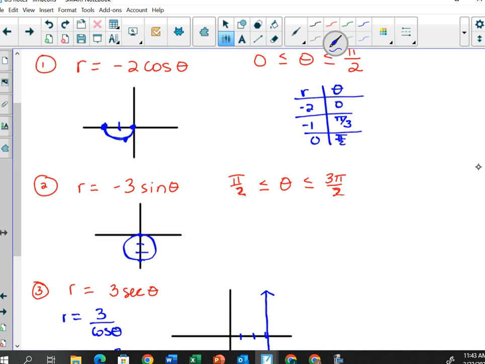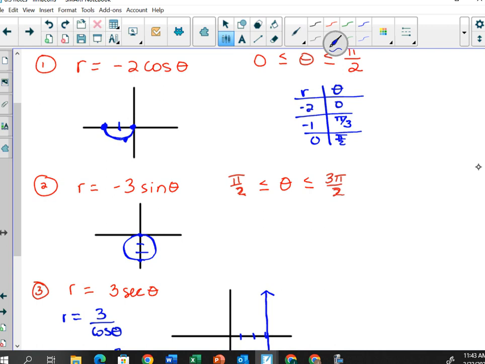With this, are you okay with these values here? Okay, so if I plot 0, -2, or -2, 0, that's this point, right? And then -1, pi over 3. That means I go left 1, and then my angle's pi over 3. And then 0, pi over 2. This is the whole circle, so I'm just graphing this half.